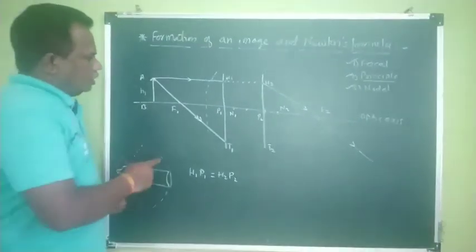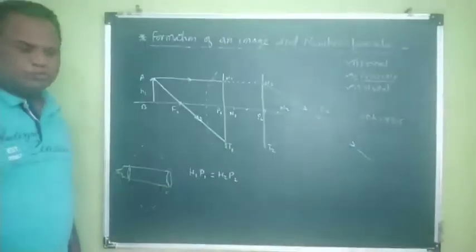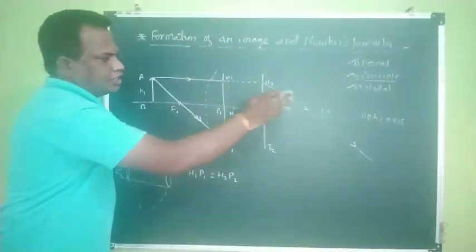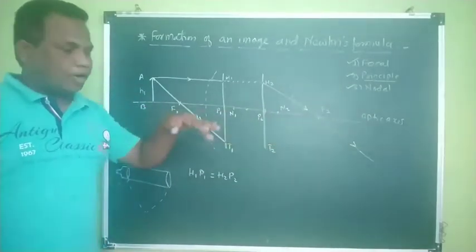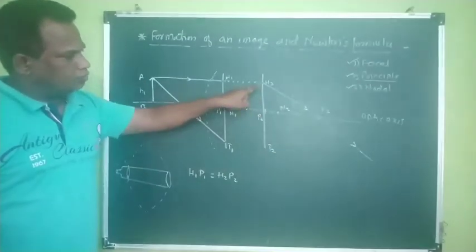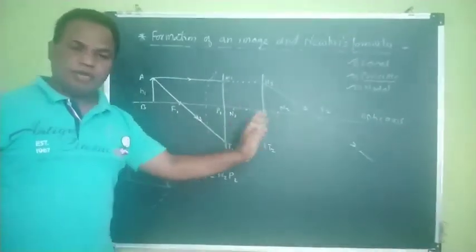Okay, now when it has already passed through the focal point and after refraction it may go parallel to the principal axis, but from the second principal plane, it will start from the second principal plane.